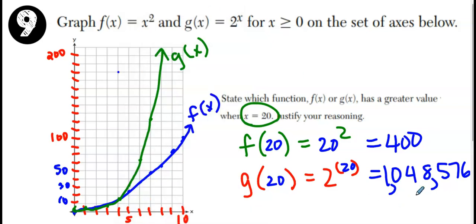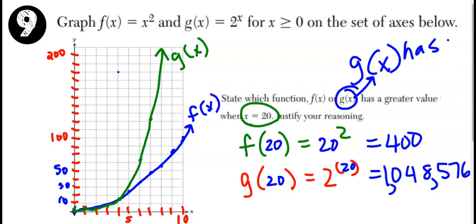So state which function. I have to state. So g of x has a greater value. You actually have to say it. And there's my justification. And that concludes Regents Review number 20.